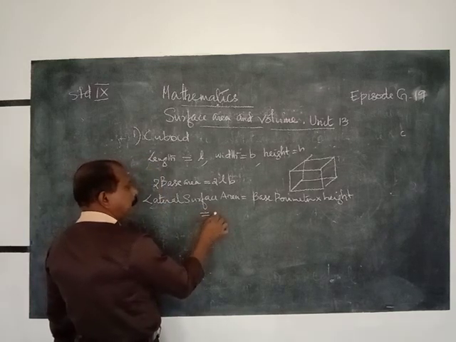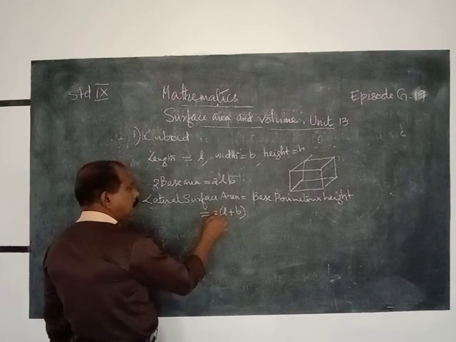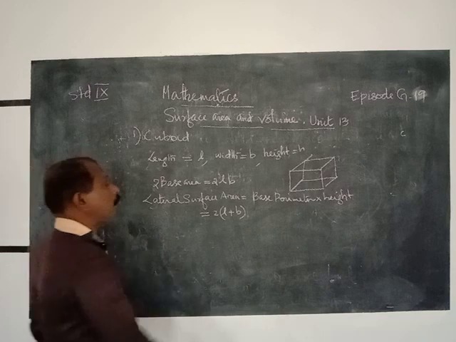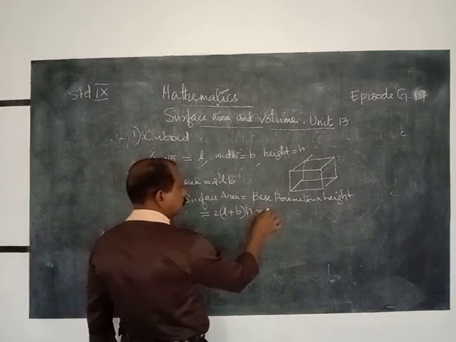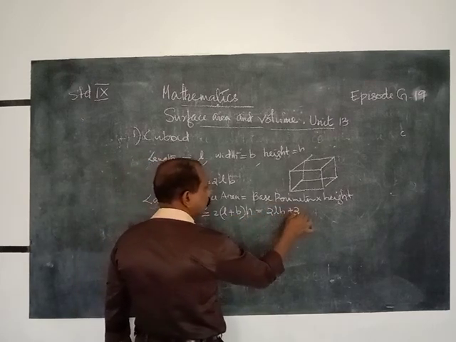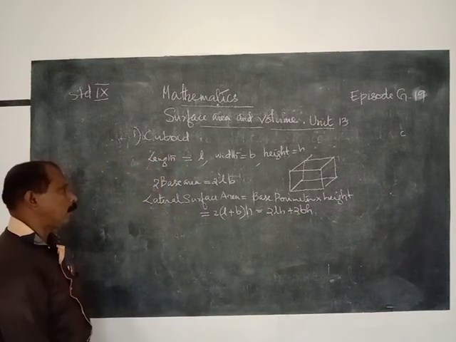Base perimeter, L plus B, is twice of L plus B. That is 2 into (L plus B) is the base perimeter into height. Open the bracket, that is 2LH plus 2BH. That is the lateral surface area of a cuboid.